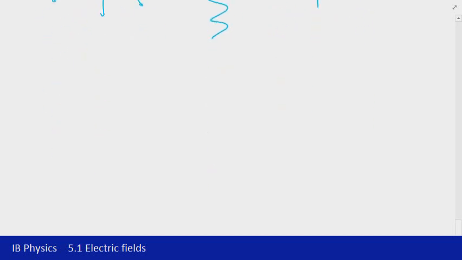To make it really clear, we'll notate some aspects about that. So the arrows show the direction of the field at any point in that region.